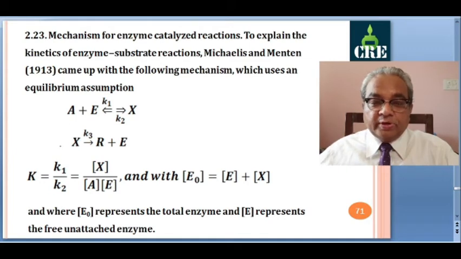Michaelis and Menten proposed that at equilibrium, the equilibrium constant K is K1 by K2, and that is nothing but the ratio of the concentration of product to the concentration of reactant.